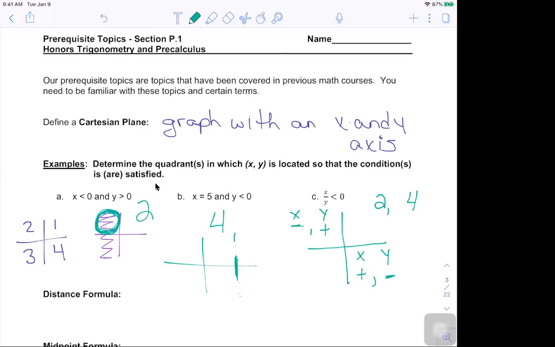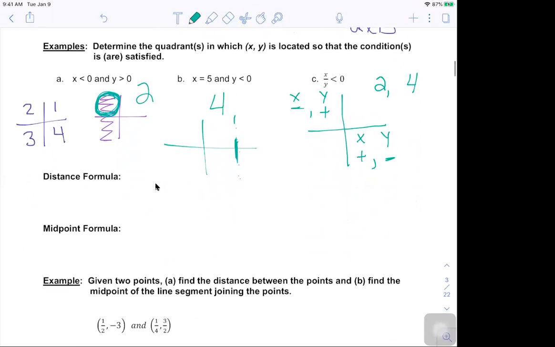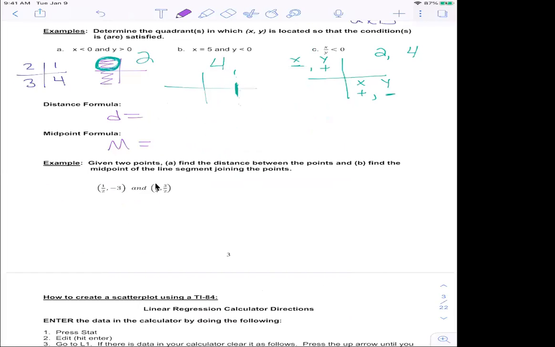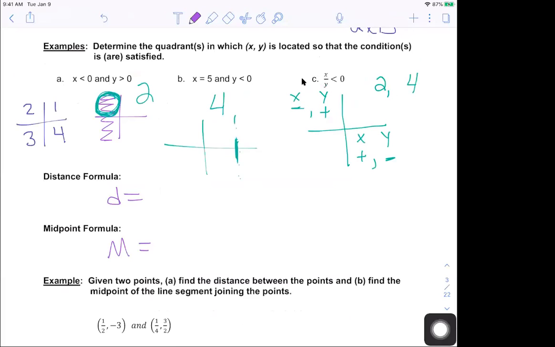All right, so we have 2 more little terms here. So we have our Cartesian plane, and that's like locating points within the plane. And then we have 2 formulas, the distance formula and the midpoint formula. And you may have learned these formulas as far back as pre-algebra.